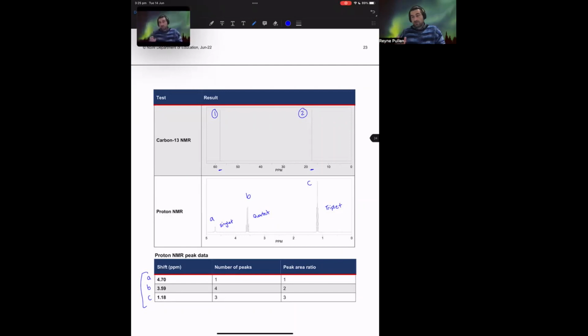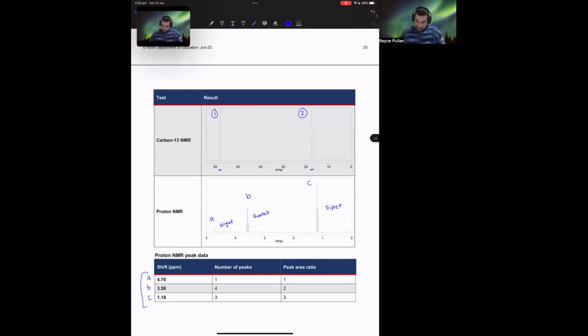Now, one thing that can maybe spark in your mind, when you see a singlet and the possibility of an alcohol being present, that's often a good guess to start with, because the proton on an alcohol tends to be a singlet. It doesn't tend to interact so well with your carbon chain protons. So that's a little clue that we'll come back to.